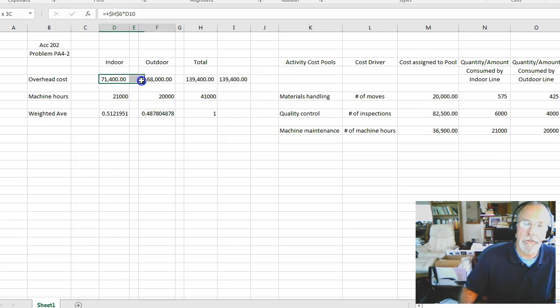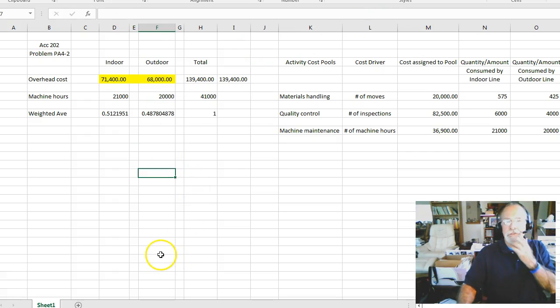And so using traditional cost allocation with machine hours as a cost driver, the allocation of overhead between the two products would be 71.4 for indoor and 68,000 for outdoor.